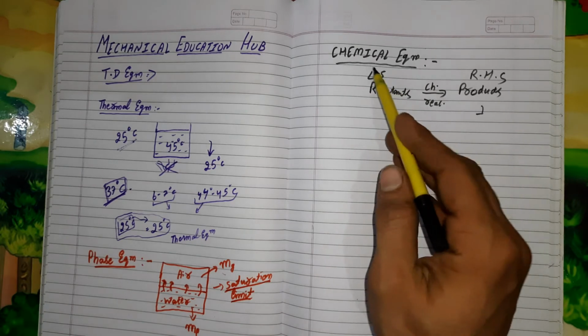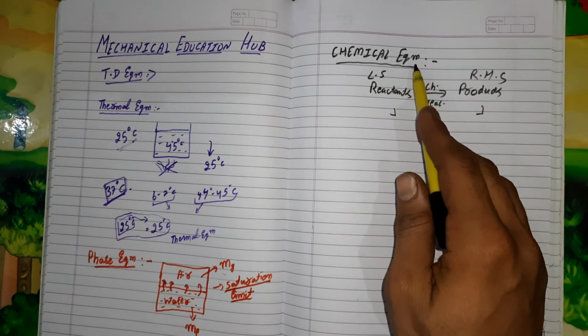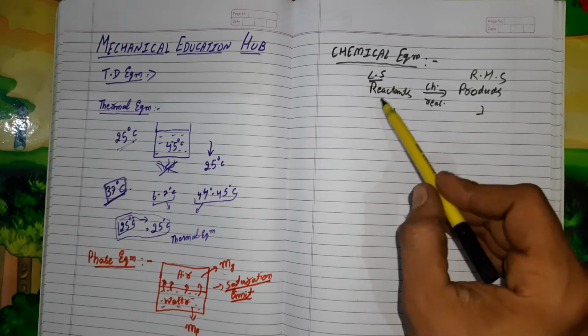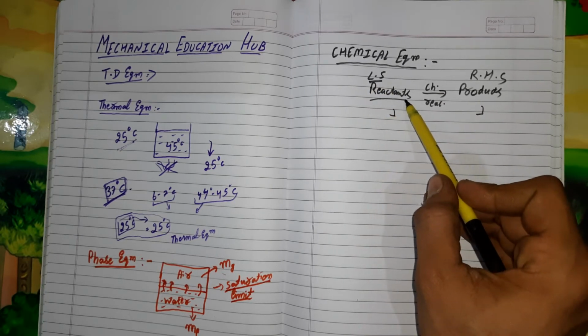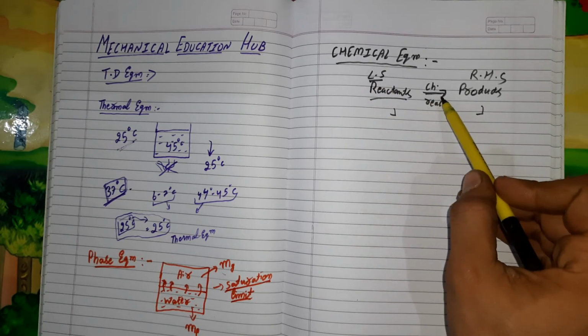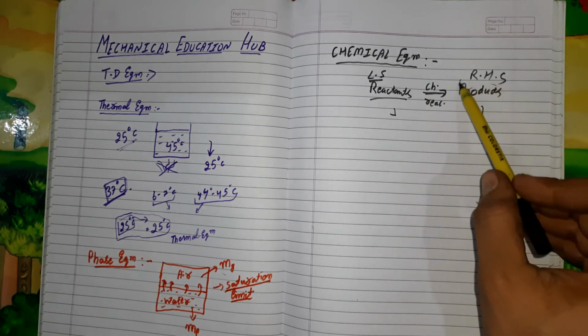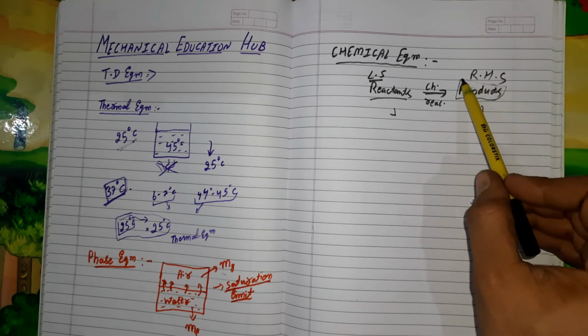So next one we have chemical equilibrium. Generally in a chemical reaction, on the left side we write reactants, and when the chemical reaction occurs we get byproducts, and on the right side we write the products we get after the chemical reaction.